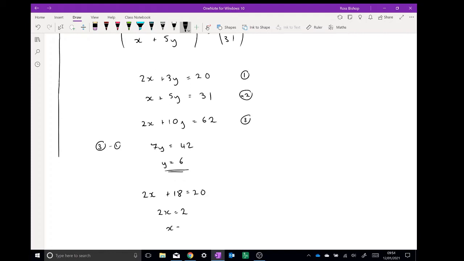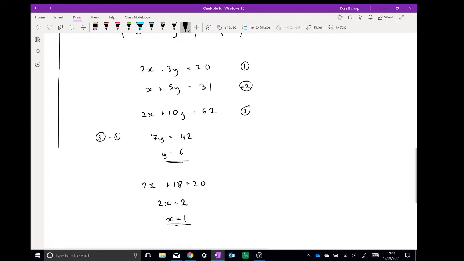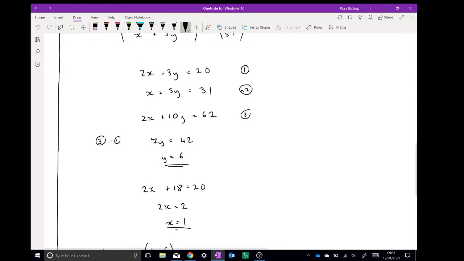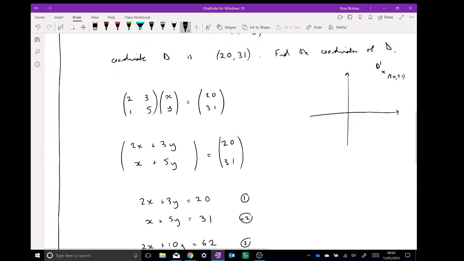My x coordinate is going to be 1. So my answer, point D, if I went back in time, is (1, 6). That's where it started. That was my coordinate D. I multiplied it by the matrix and it moved that point over there.